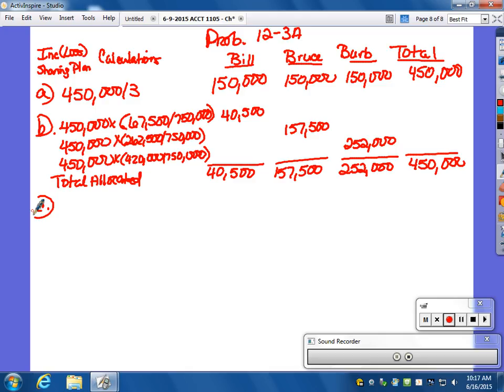Salary allowances of 80,000 to Bill, 60,000 to Bruce, and 90,000 to Barb. Interest allowances. Hold on.